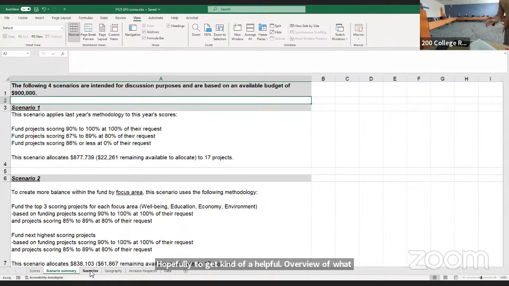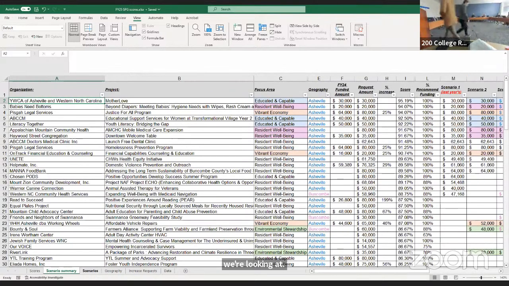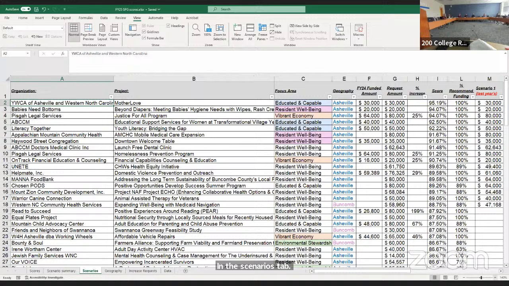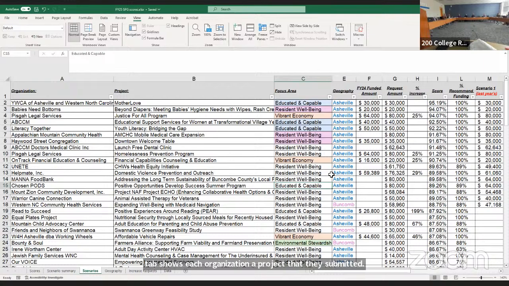In the scenarios tab, this is where we have all of the data. So the scenarios tab shows each organization, the project that they submitted, the focus area associated with the project that they self-selected when they applied, per the strategic partnership grant priority areas or focus areas.